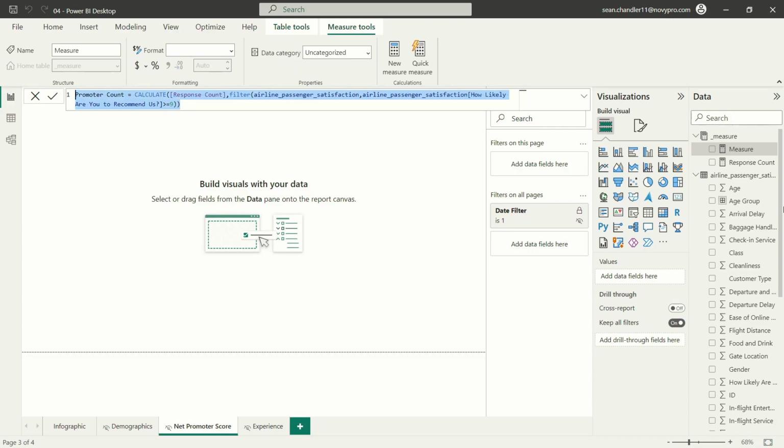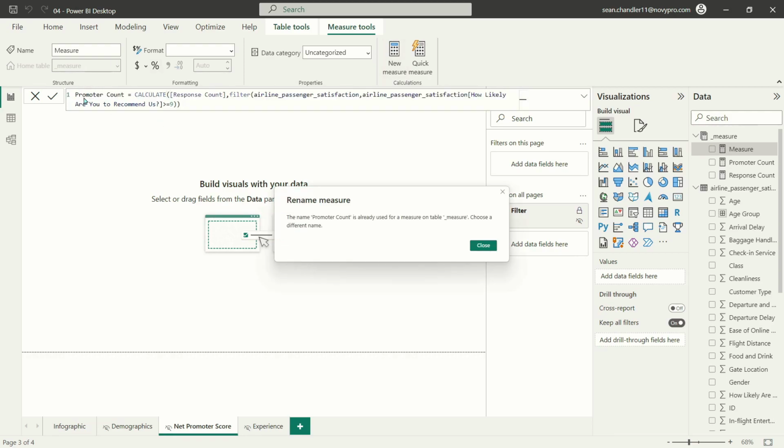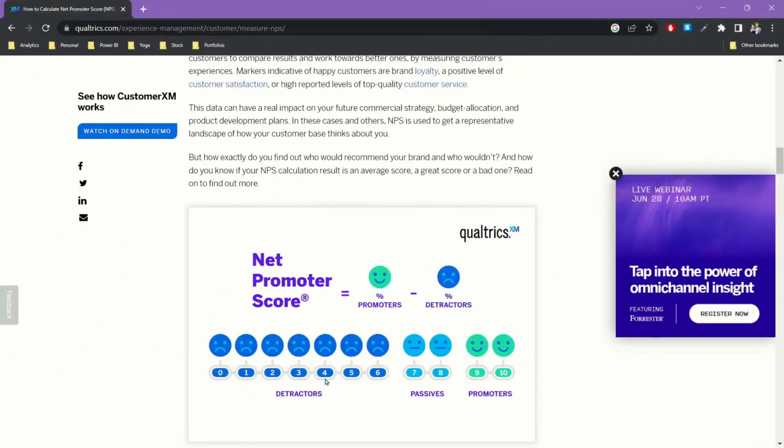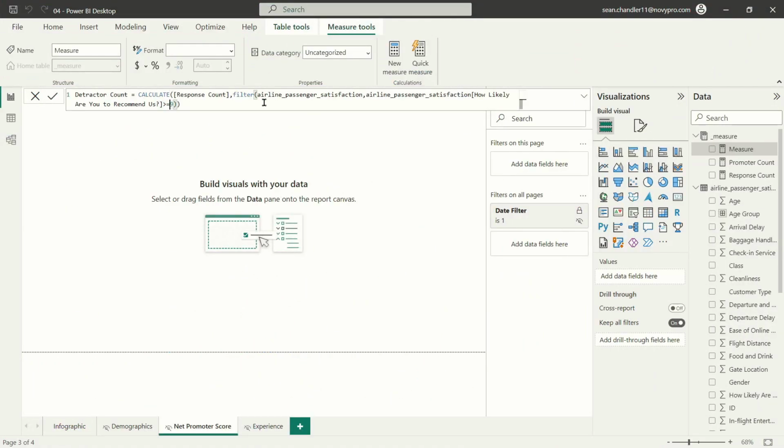And then I'm just going to copy this DAX because the other formulas that I'm going to create are very, very similar. And now I'm going to create a new measure called detractor count. And this is going to be everyone, if you'll remember the Qualtrics article, everyone who rated us less than or equal to a 6.